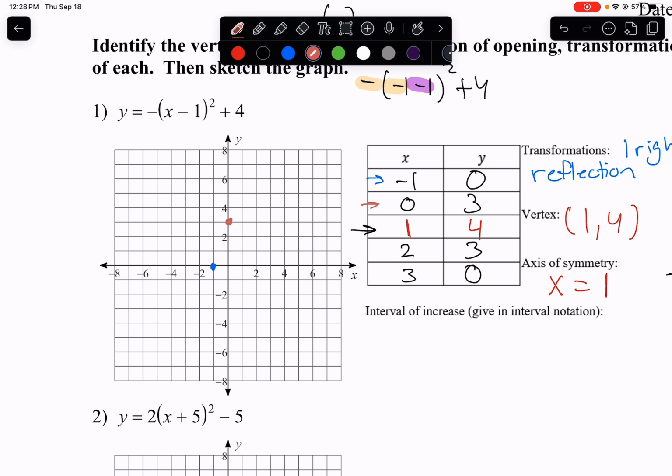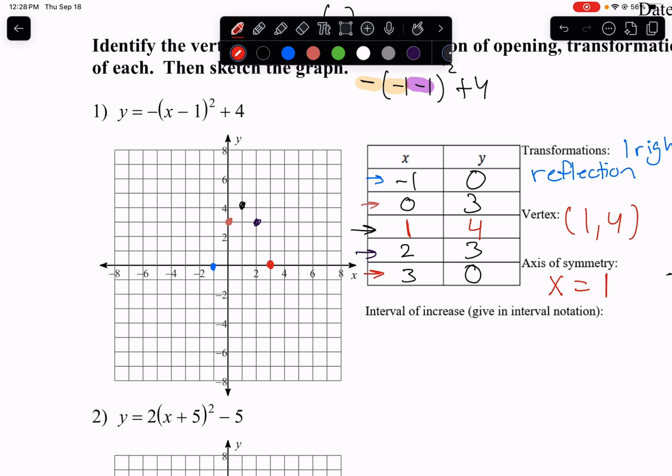And then 1, 4, I'll do that in black here, is going to be right here. 2, 3 is going to be right here. And then 3, 0 is going to be right here.